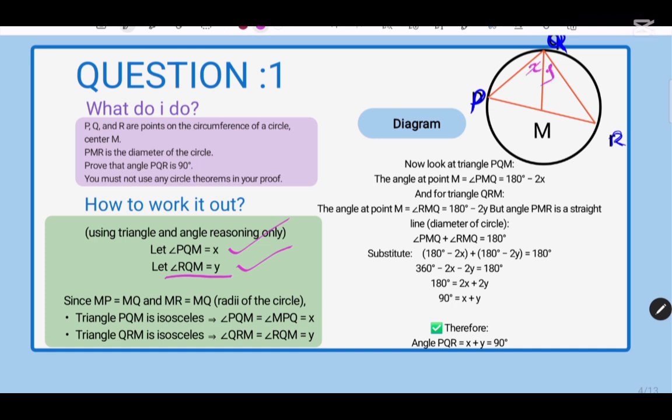So if it's an isosceles triangle, that means angle PQM is X, also equal to angle MPQ. This angle here is also X. That simply tells us that two base angles in an isosceles triangle are equal.